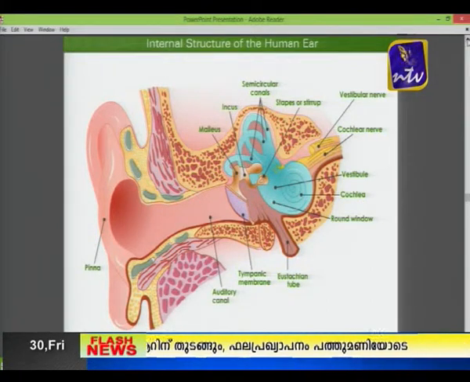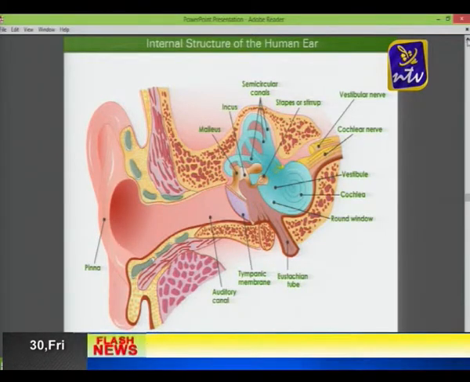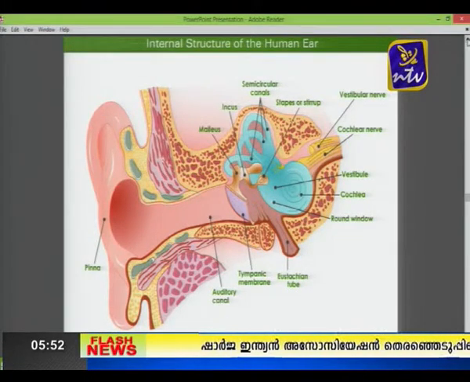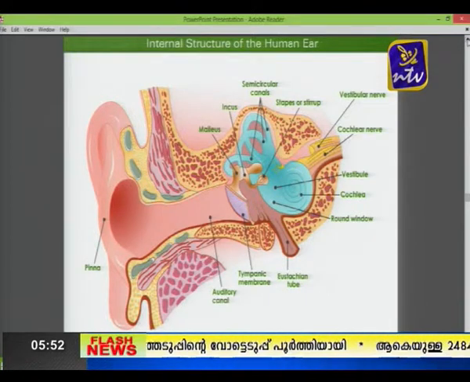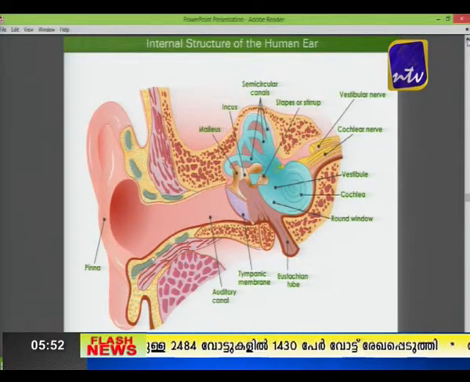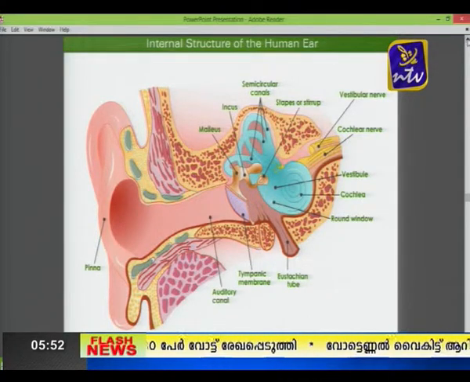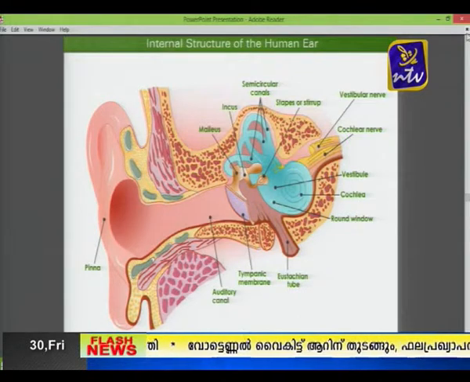Then these sound waves are directed to the next part of the outer ear, that is the ear canal or auditory canal. At the end of the auditory canal there is an obliquely placed membrane called the eardrum or tympanic membrane.